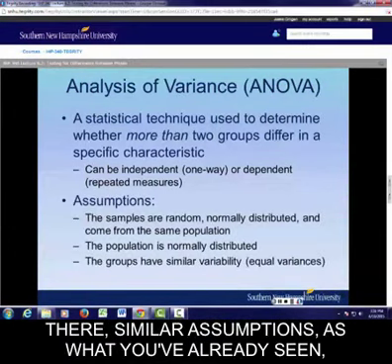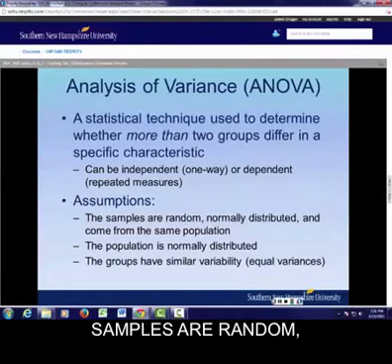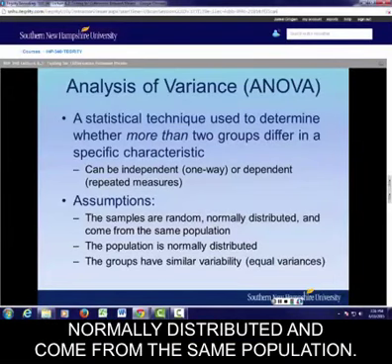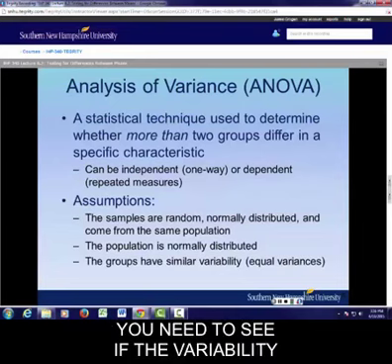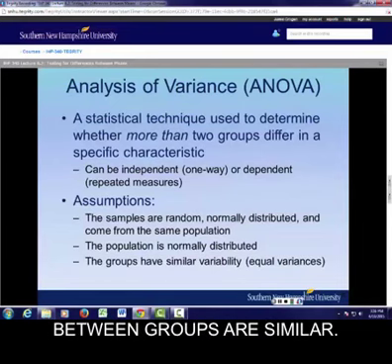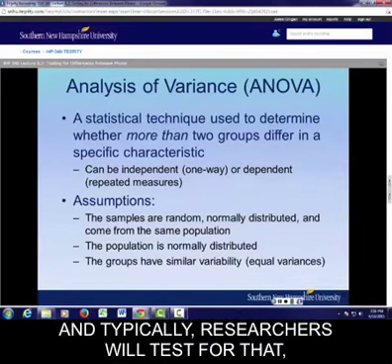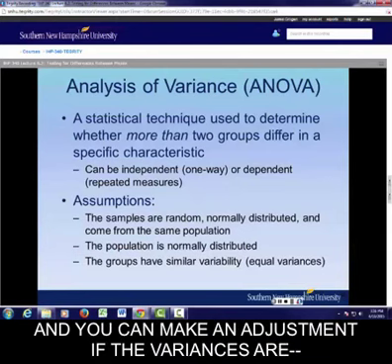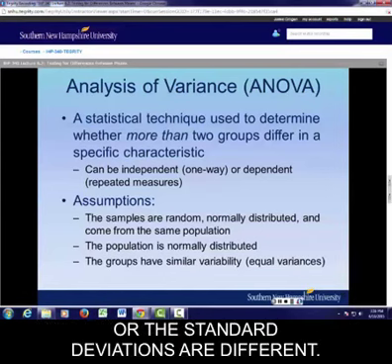Very similar assumptions as what you've already seen. Samples are random, normally distributed, and come from the same population. You need to see if the variability between groups is similar. Typically researchers will test for that, and you can make an adjustment if the variances, or the standard deviations, are different.